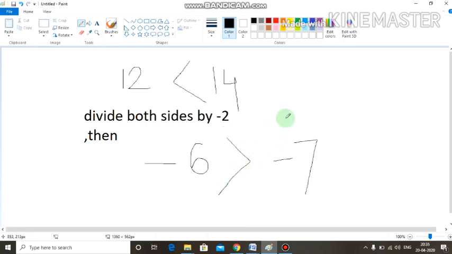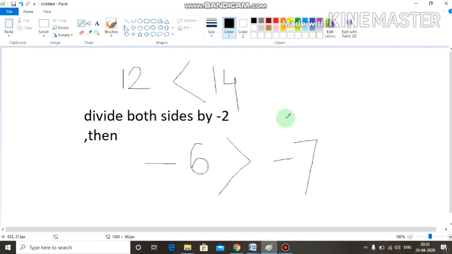So this is the only difference in the solving procedure of inequation, listen carefully, this is the main part. If you keep this line in your brain, then you can solve each and every problem. The solving procedure of linear inequation is almost the same as linear equation.